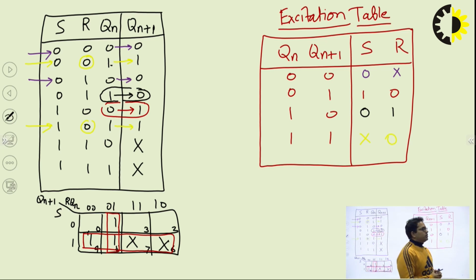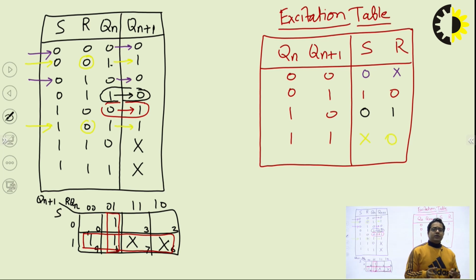Similarly, in order to draw the excitation table, just remember this point. If you want to design a circuit, the first thing to do is write down on paper what output you want. You know the output, only then are you going to design the circuit. Without knowing the output, you cannot design the circuit. You cannot design some arbitrary circuit, you will just land up at a wrong, random result.